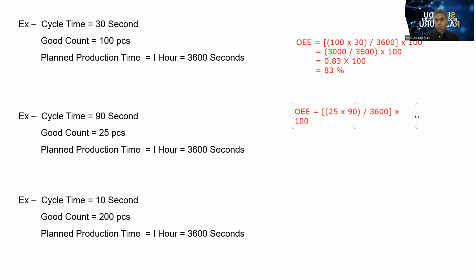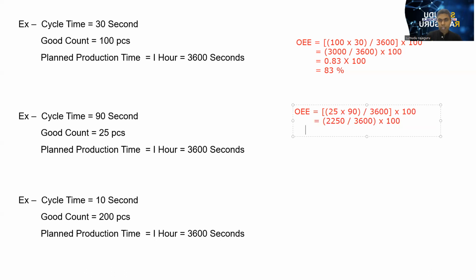When we solve this, 25 into 90 is 2,250, divided by 3,600, then multiply by 100.